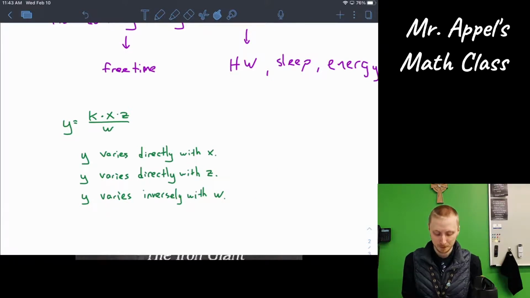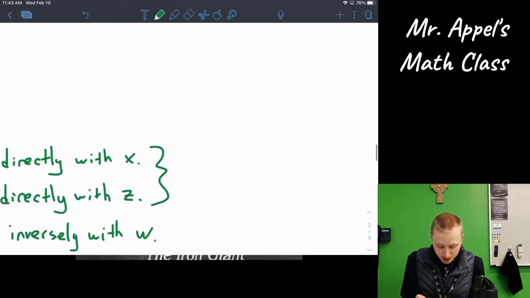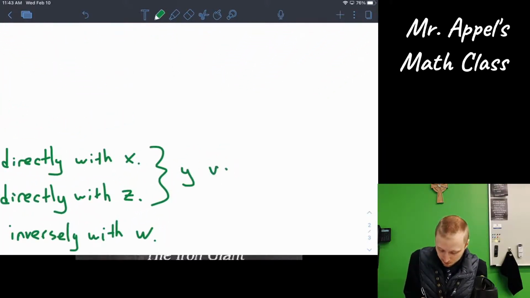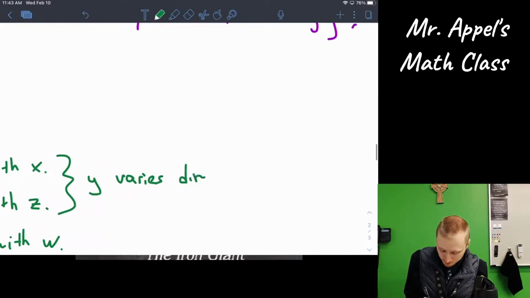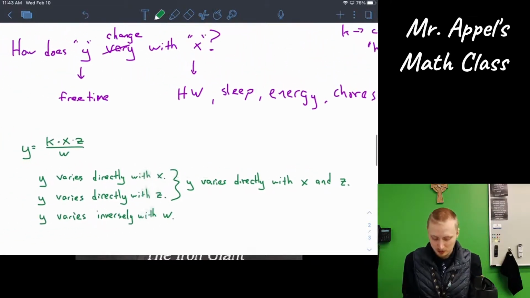Okay. So yes, there's other ways to write it. You could combine these, right? And you can say y varies directly with x and z. That could be acceptable, right? Why do you have to rewrite half the sentence all over again?